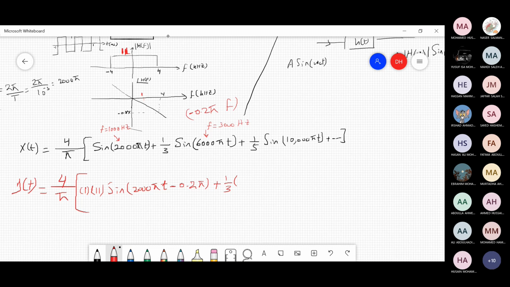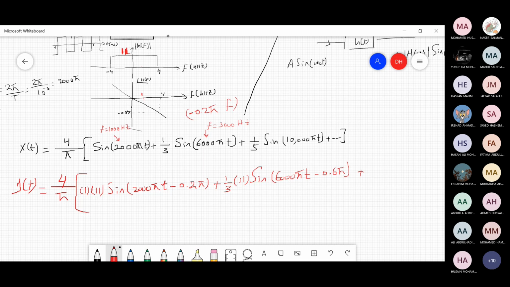Magnitude at the 3, again equal to 11. Okay, sine 6,000 pi t plus, at the 3, so put here 3, then it is equal to minus 0.6 pi.